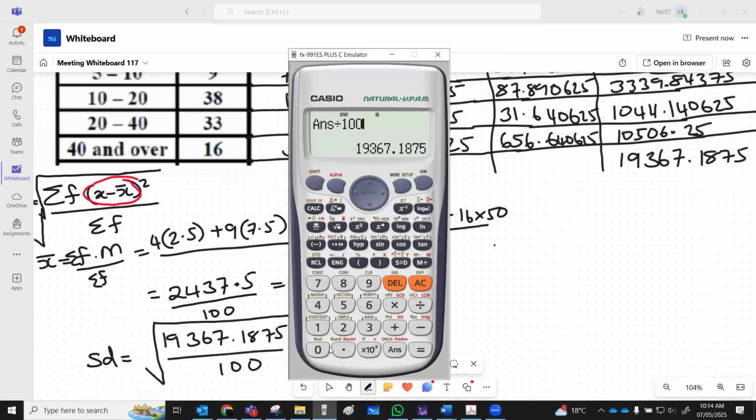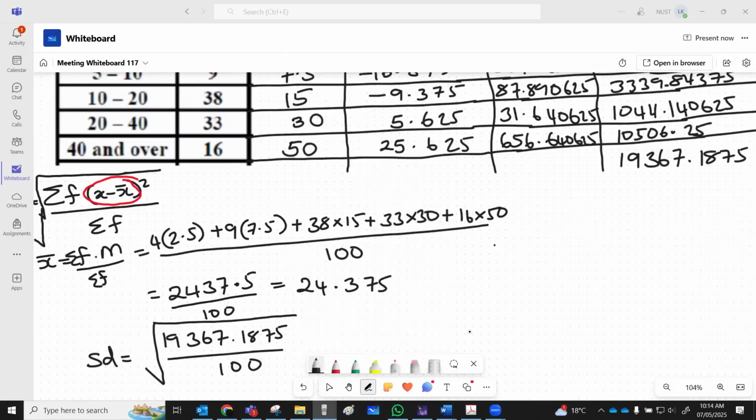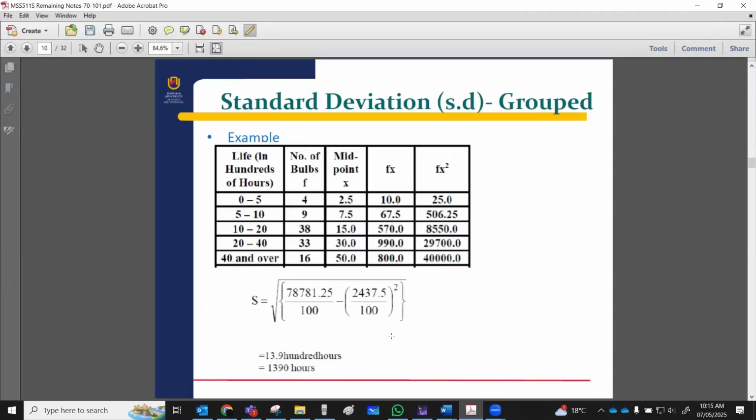We divide this by 100, and then we take the square root, and that gives us 13.919166, which is exactly what we have. So if we look at this one here, that is exactly what they got. So remember, these are in hundreds of hours.